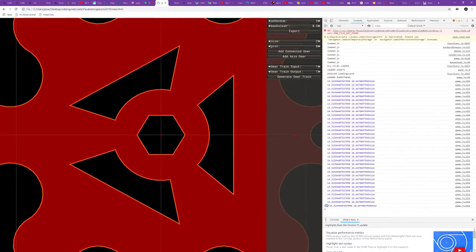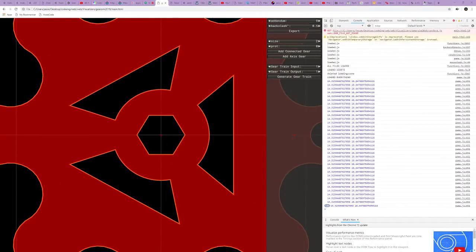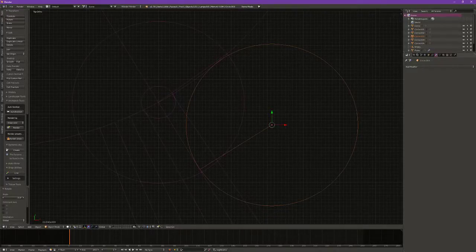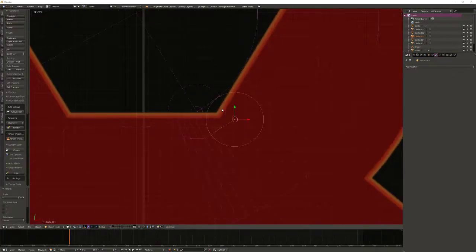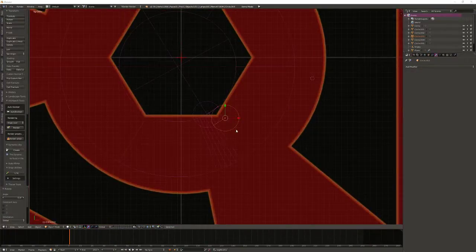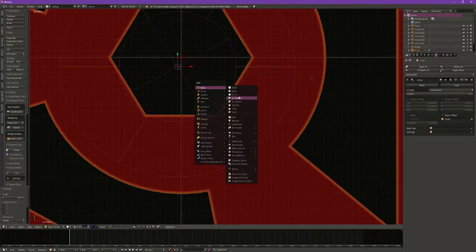It'd be really nice if I could measure that. This is the best way I can think of to measure that. Whatever.